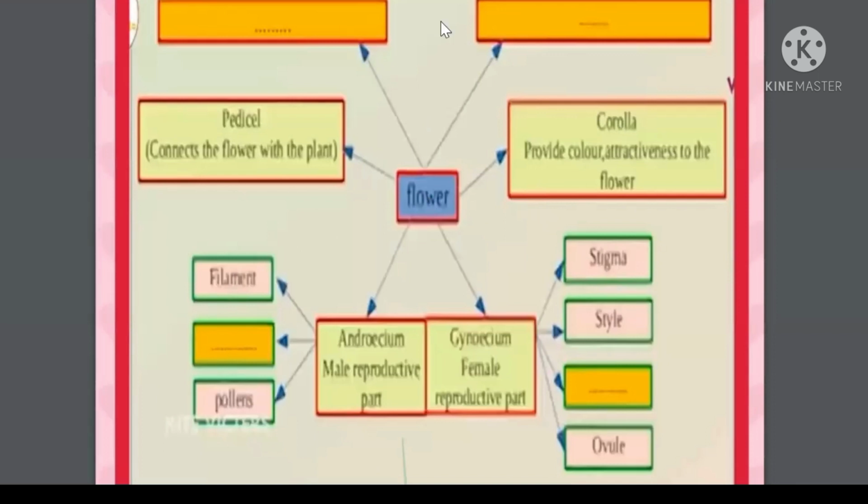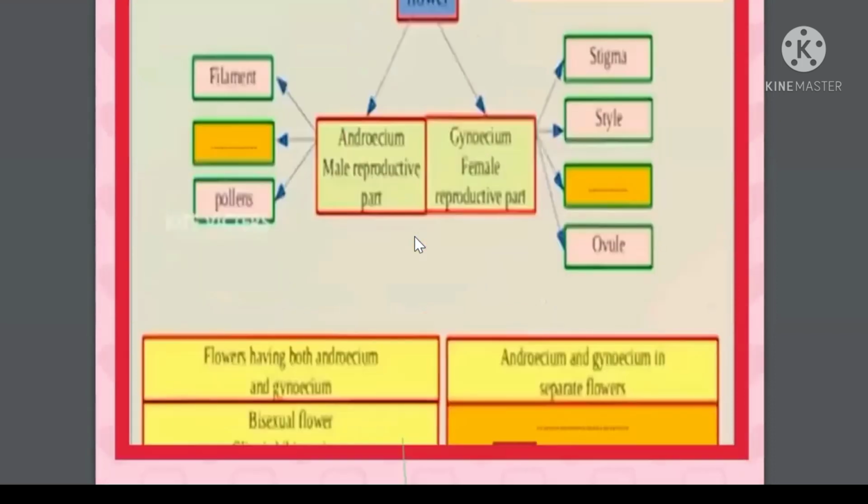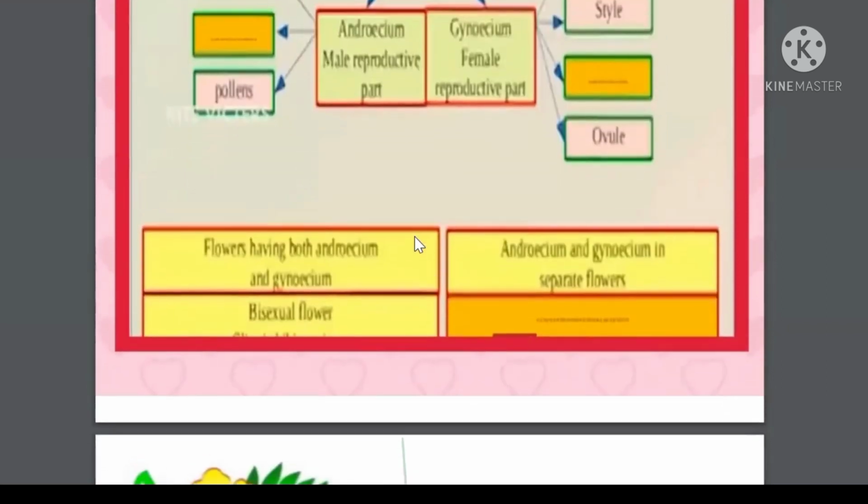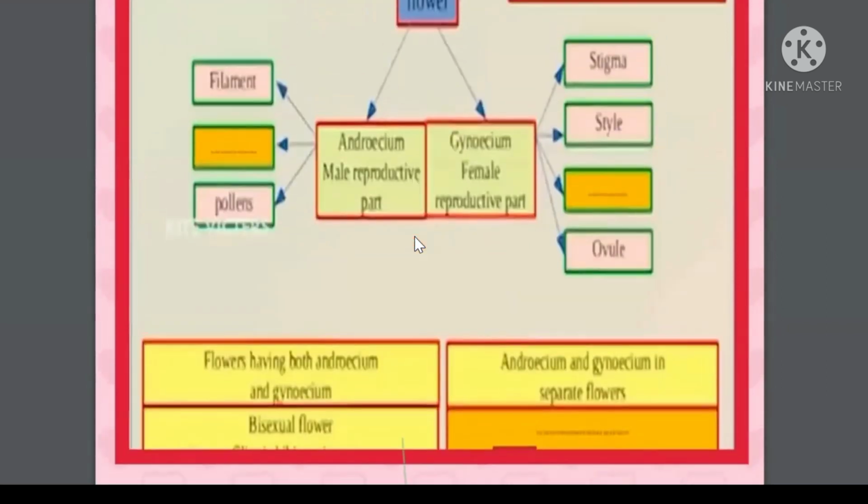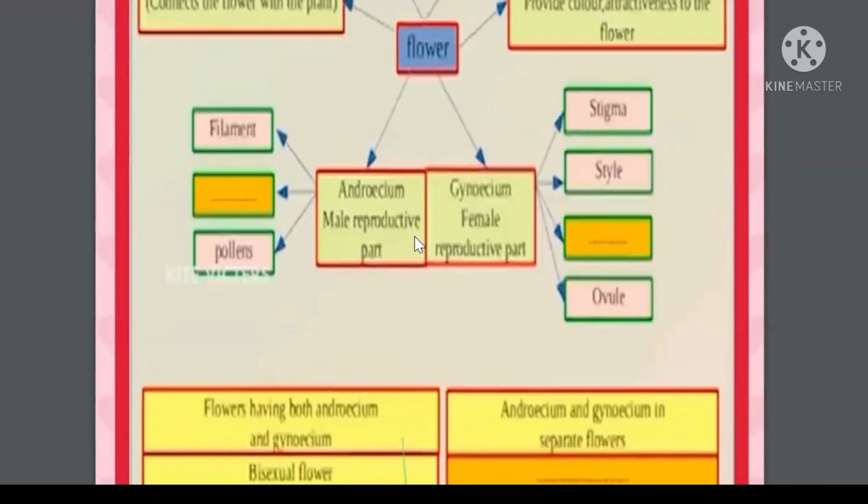Clear? Here also you have to complete. Okay. Flower and its parts and the functions of floral parts. This concept map shows all these ideas.